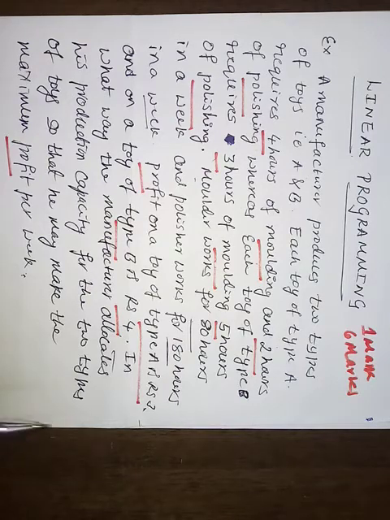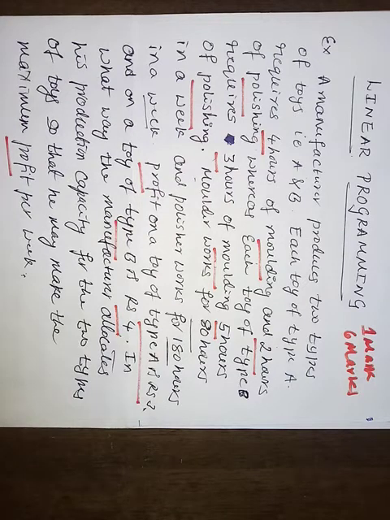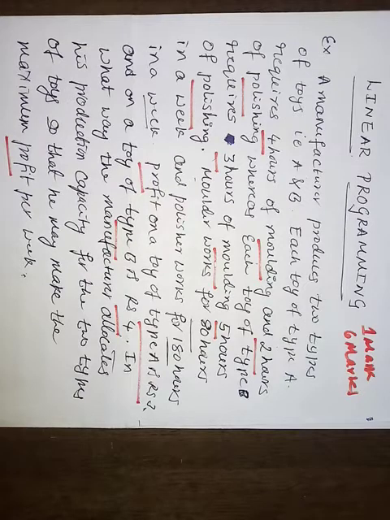The molder works 80 hours in a week, and the polisher works 180 hours in a week. The profit of type A is rupees 3, and type B is 4. Now we want to calculate the maximum profit per week.